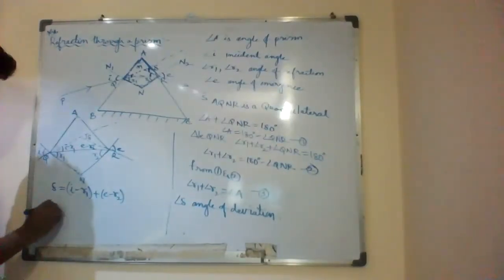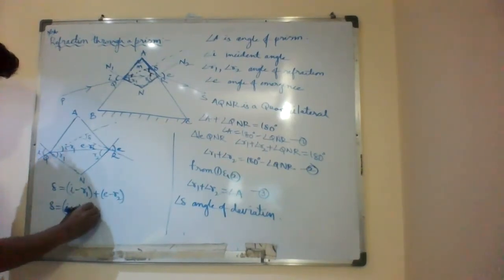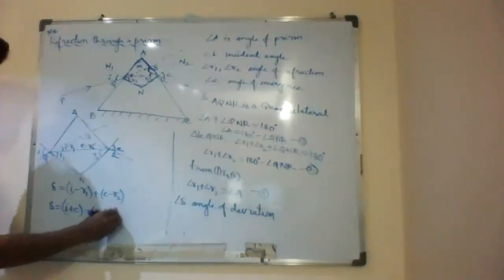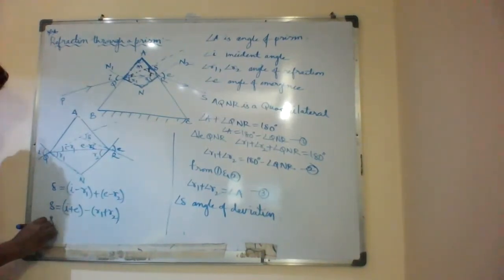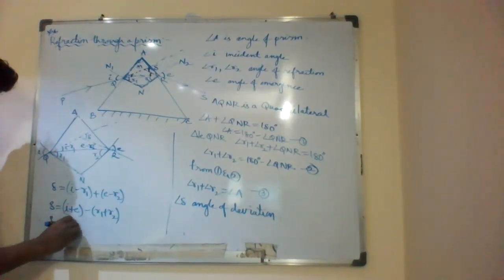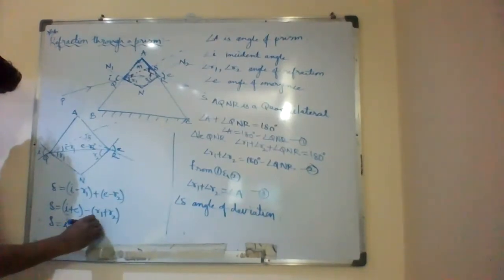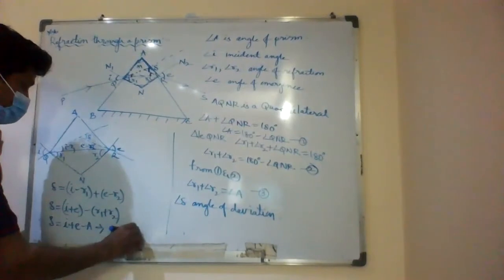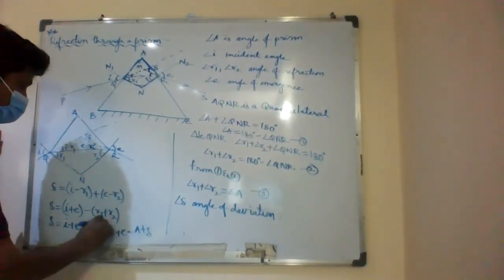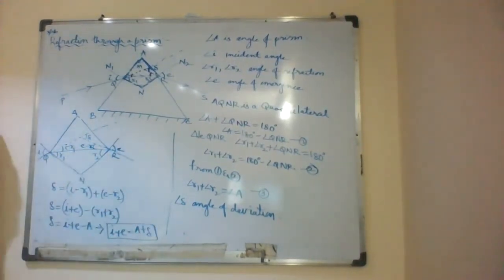Is that clear? So delta equals I plus E minus R1 plus R2. What is R1 plus R2? Yes, A. So delta equals I plus E minus A, which implies I plus E equals A plus delta. Understood now? I plus E equals A plus delta.